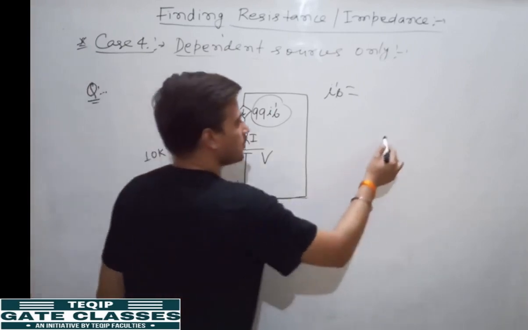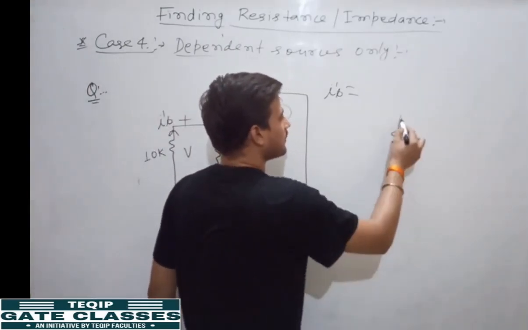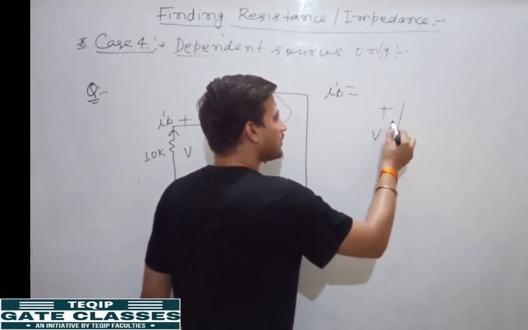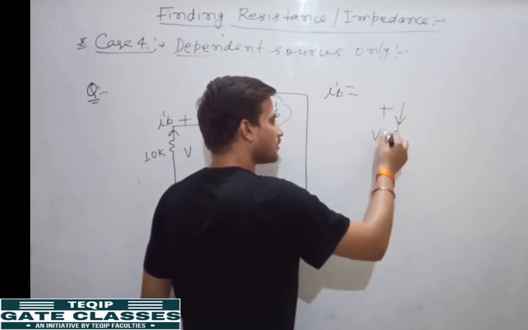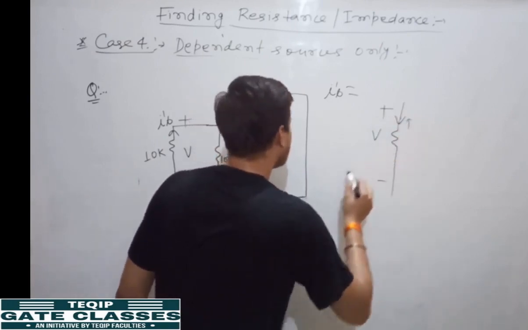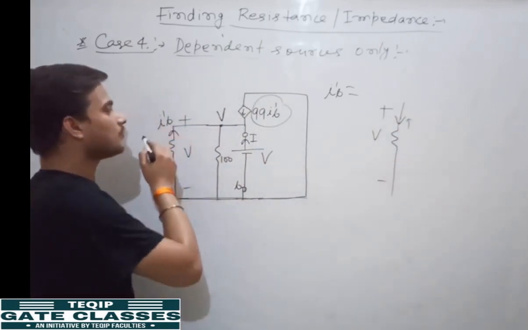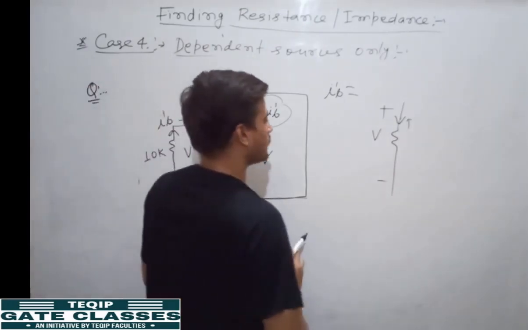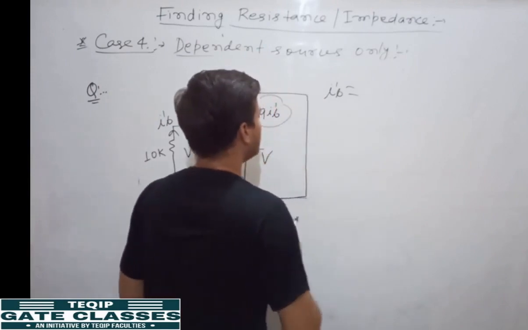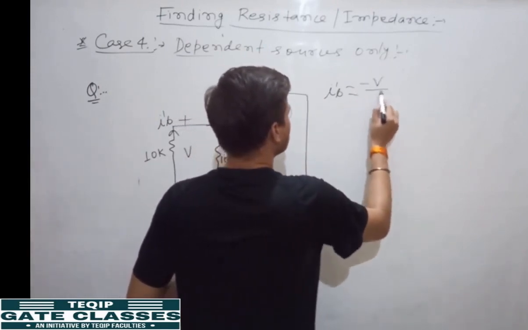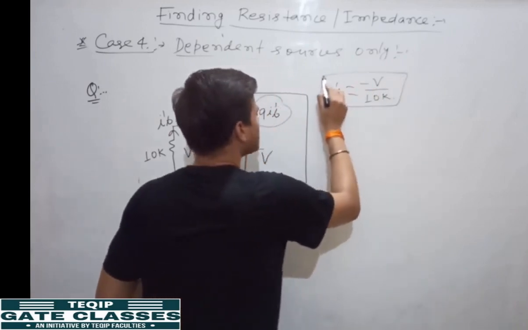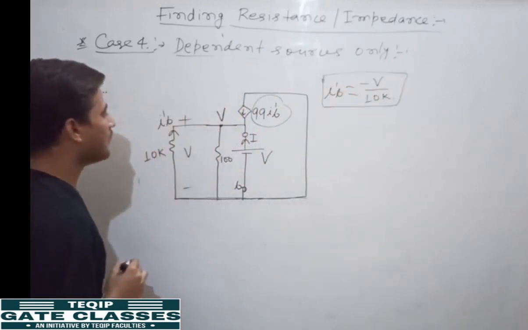Suppose you have a resistance like this and this is V, then current will be from positive to negative terminal. But here the current is from negative to positive terminal. That means the voltage will be minus V. So we got IB dash equal to minus V divided by 10K.